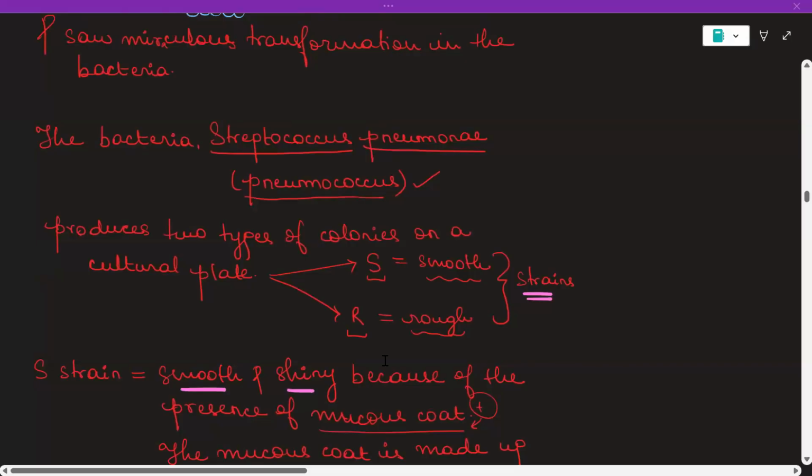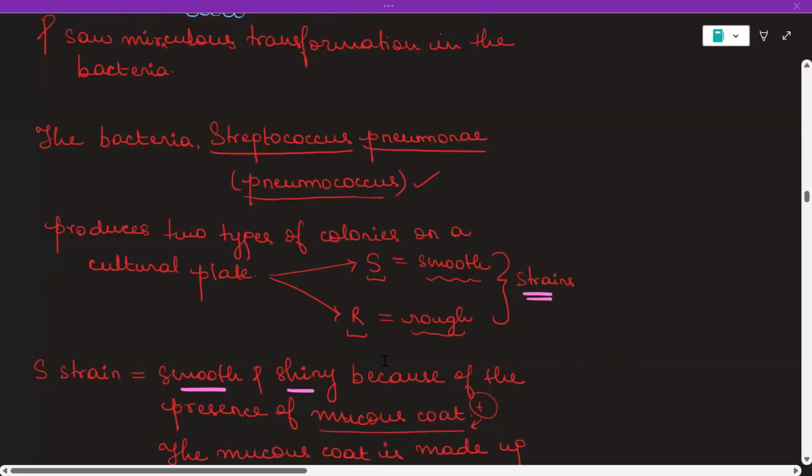Ma'am, what's culture plate? See, whenever you want to grow anything, for example, you're growing bacteria or viruses, you require a media.